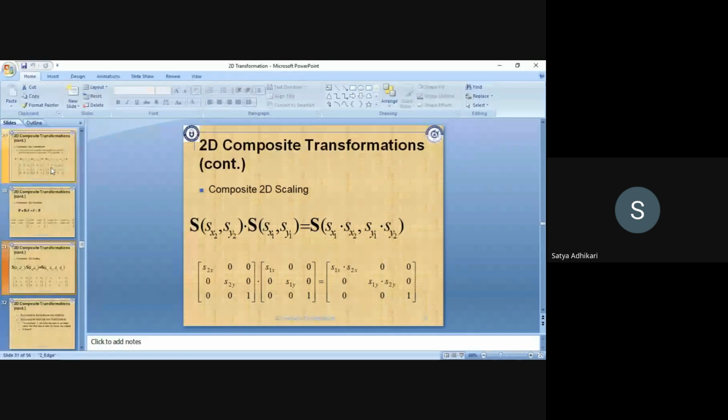So instead of applying one by one, first multiply these two matrices. I am multiplying this, and the final matrix is sx1 times sx2, 0, 0, 0, sy1 times sy2, 0, 0, 0, 1, and we apply this direct matrix to P.